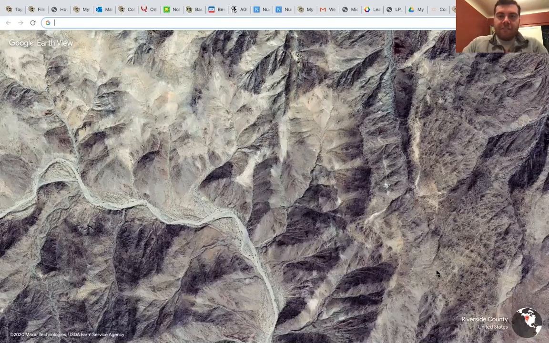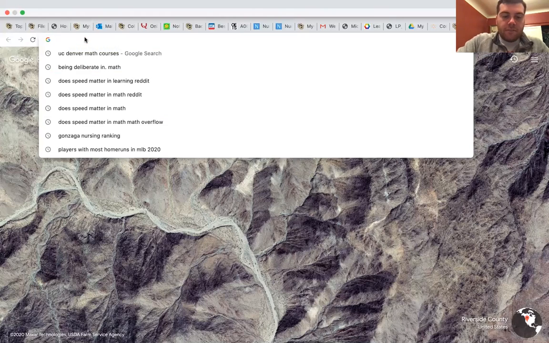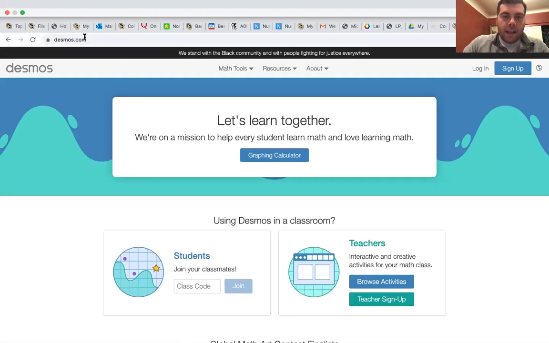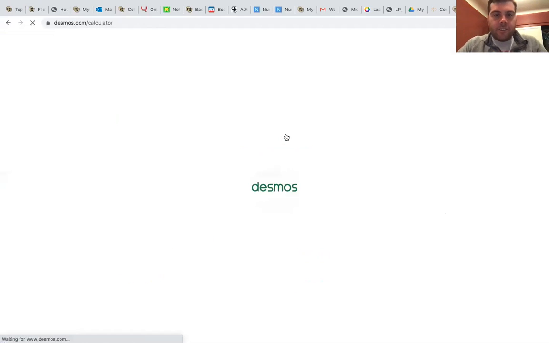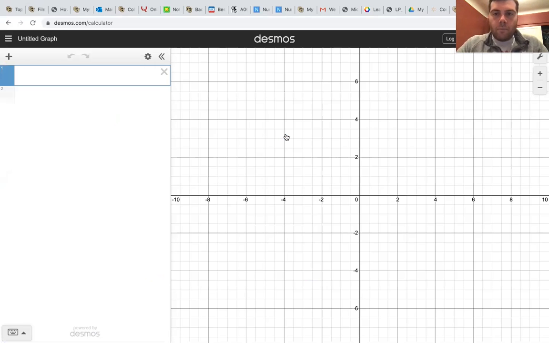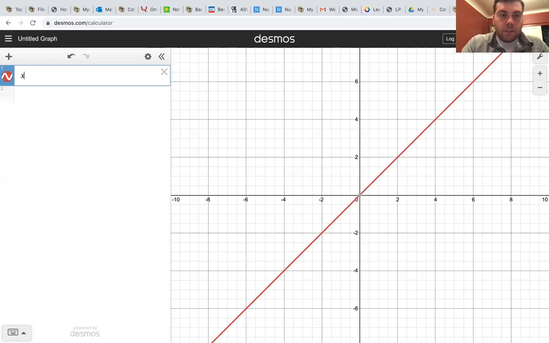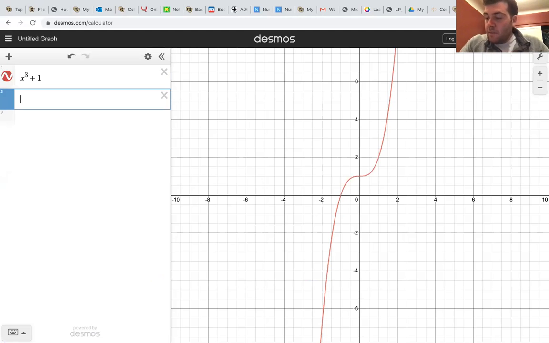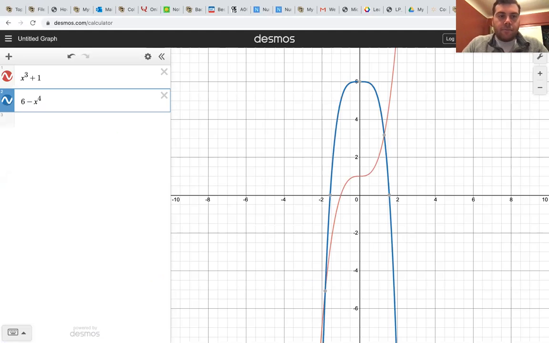So we go into our favorite browser, go into the search, open desmos.com, and click Graphing Calculator. Now we have two options. First, we have x cubed plus 1 and 6 minus x to the fourth, and where those two lines intersect will be a solution.